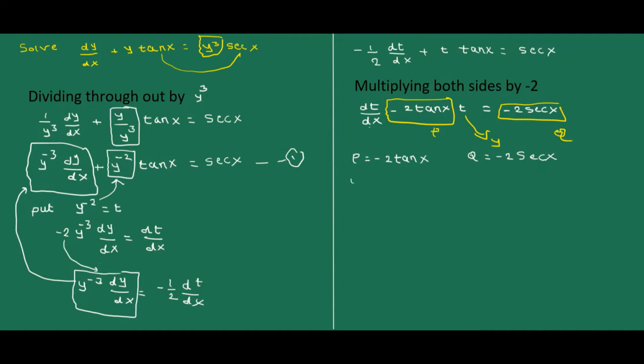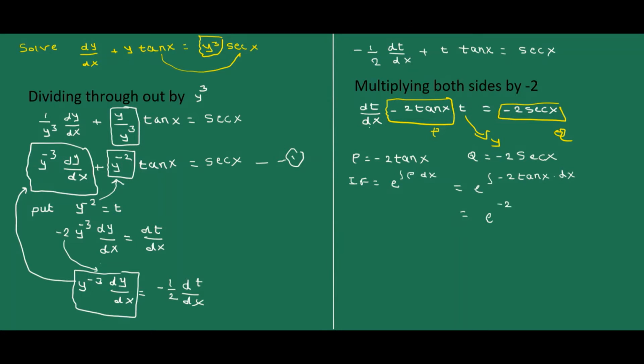Then the integrating factor, what is the formula for integrating factor? e raised to integration of p dx, which is e raised to integration of minus 2 tan x dx. Minus 2 is a constant.